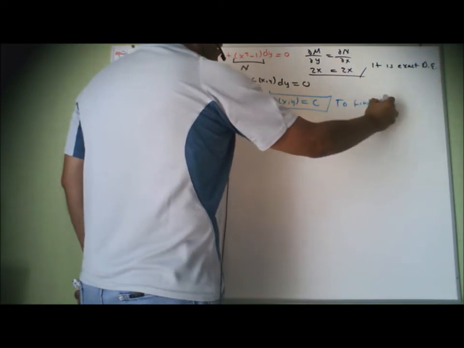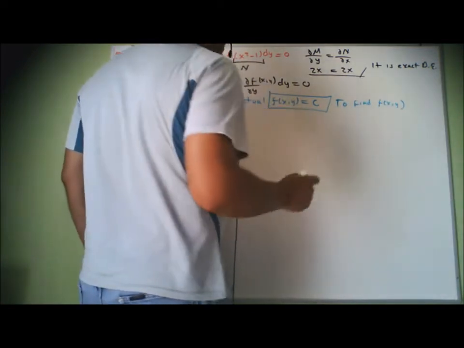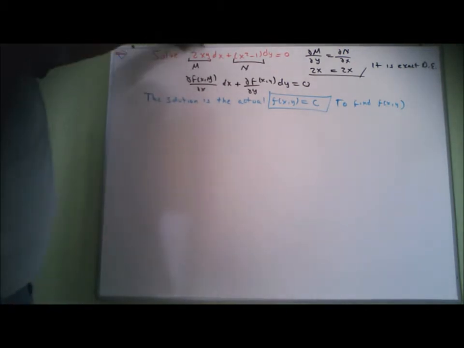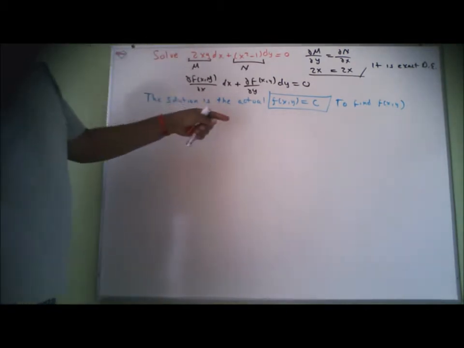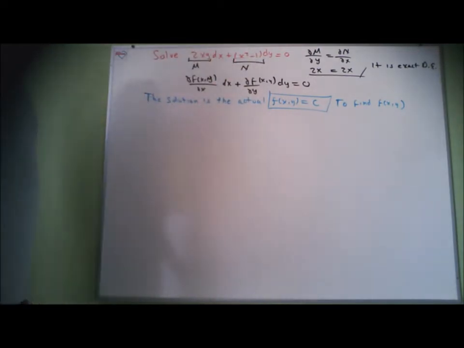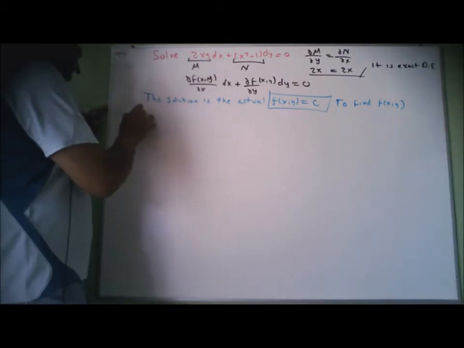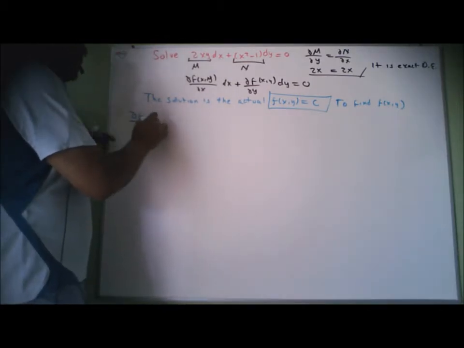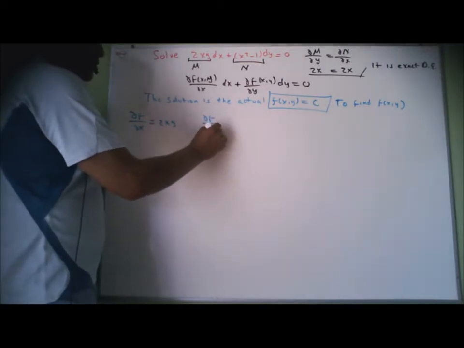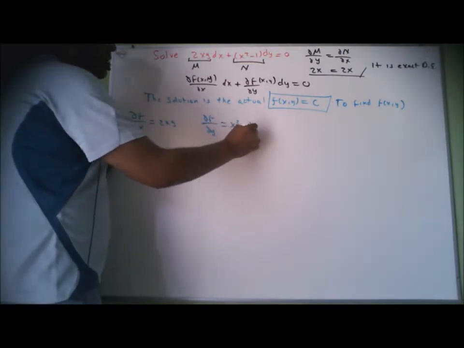To find a function of two variables such that the partial derivative with respect to x is equal to this, and the partial derivative of the same function is equal to this. Alright, now, because you have that the partial of the function with respect to x is equal to 2xy, and the partial of the function with respect to y is equal to x squared minus 1.